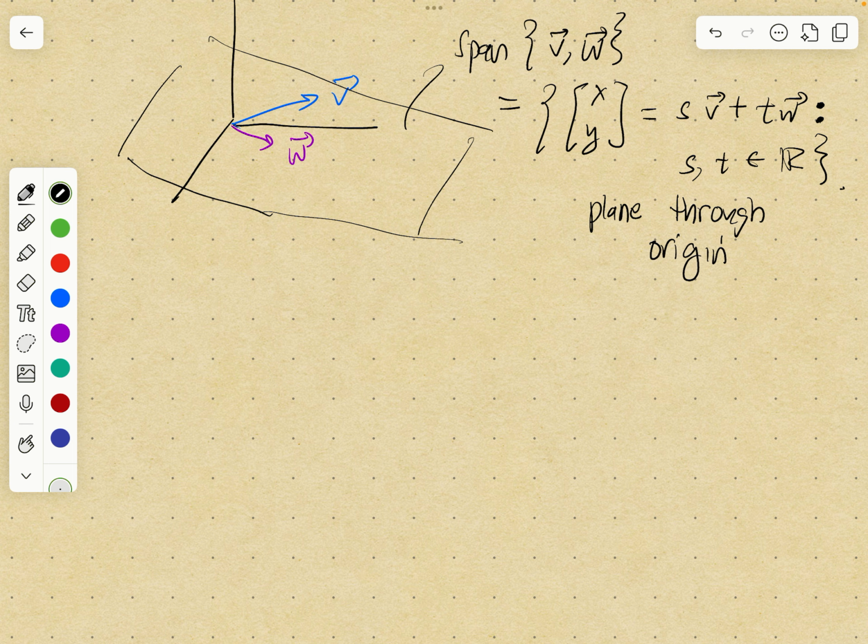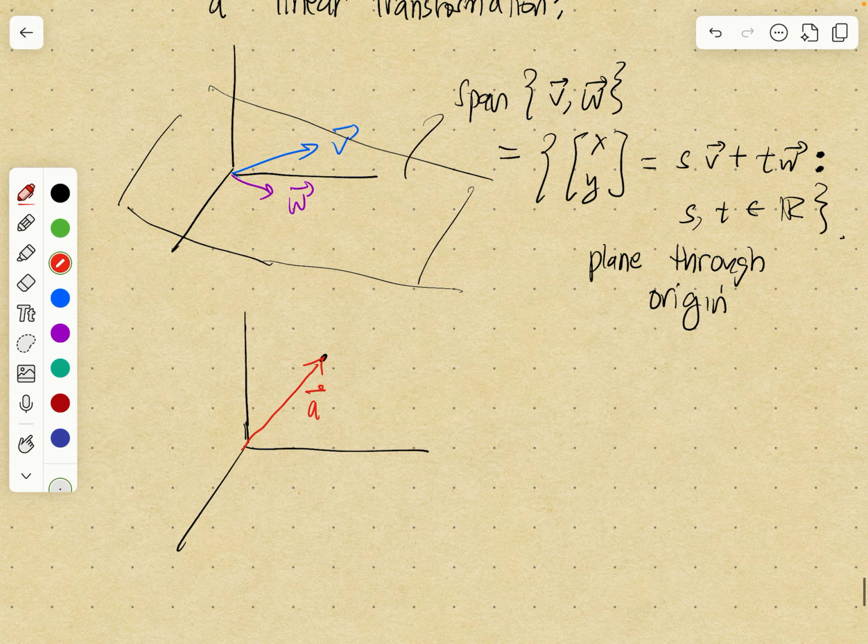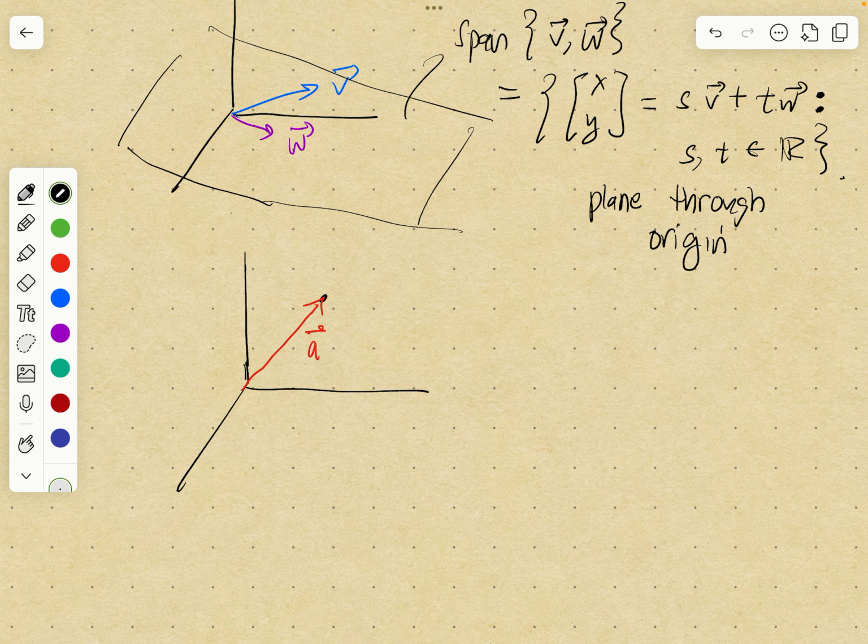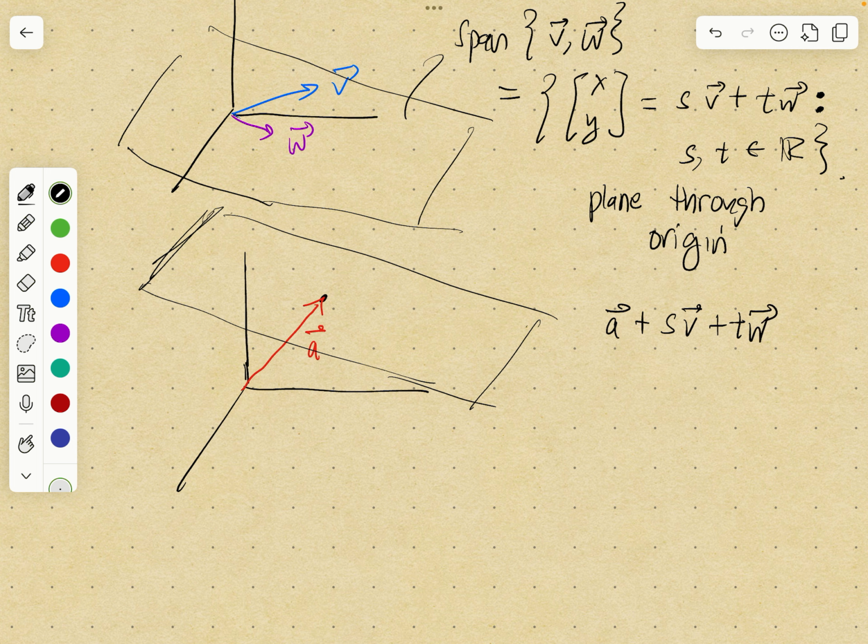Now if I have a vector that is not along the origin, so I have this vector A, I can translate this entire plane along the vector A just by taking all the vectors on this plane and then adding the vector A. And when I do that, I get this translation of this plane by the vector A. So this plane, if I write it A plus sv plus tw, okay, my original plane down here goes through the origin.